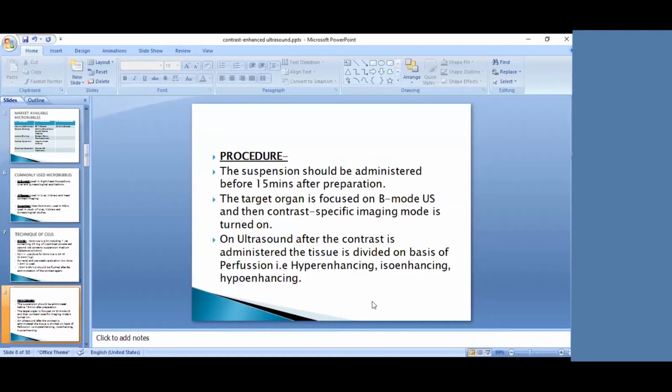Hyper-enhanced means the lesion has hypervascularity, more vascularity than the normal tissue. Iso-enhanced means the same perfusion, and hypo-enhanced means less perfusion than the normal tissue. So we divide the tissue on the basis of perfusion into hyper-enhanced, iso-enhanced, and hypo-enhanced.